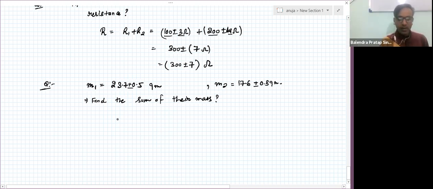Exactly. So the sum, capital M, is equal to the sum of the true values, 41.3, plus minus 0.8 gram. The rules are basically addition, but the representation is different.